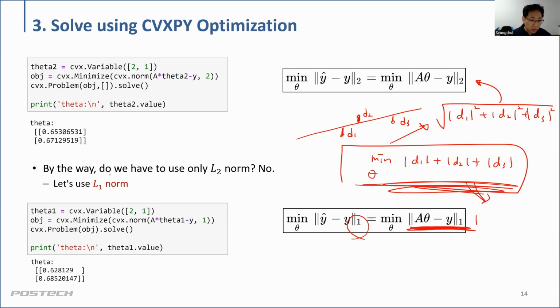So do we have to use only the two norm? No. Let's try the one norm. In that case, how do you compute it? Probably it's not easy, but with CVXPY, that's the only difference, and this is the only reason that I want to use CVXPY in this lecture.